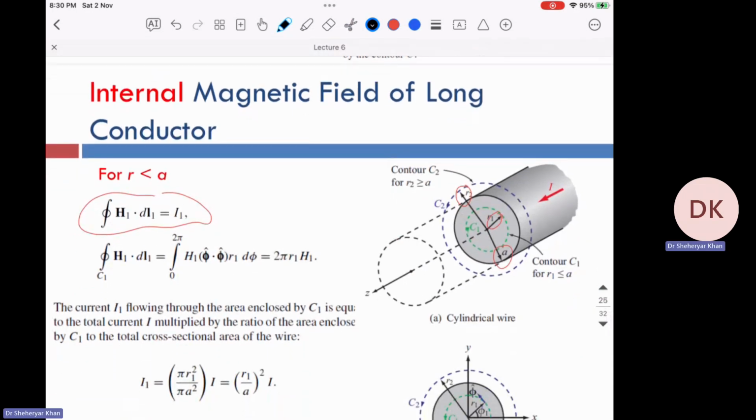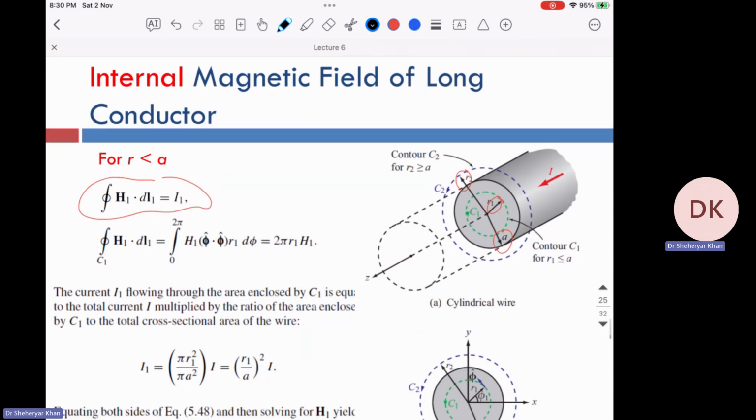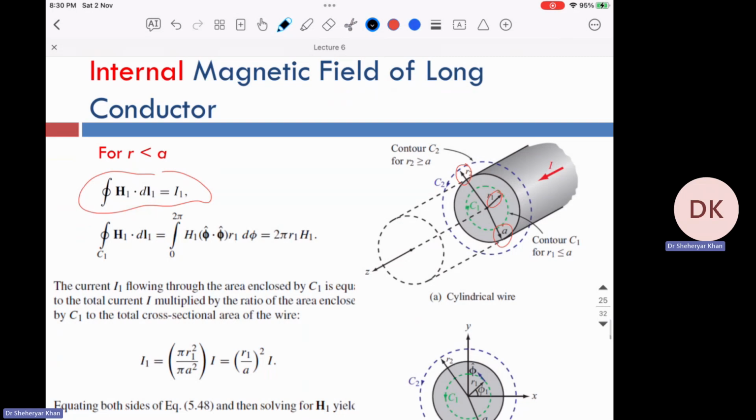Now, we use Biot-Savart's law as well as Ampere's law to solve different problems in different materials and different applications for finding the electric field, current, and the magnetic field. We can apply the same concept to the magnetic field along a straight conductor, and we can find out the magnetic field inside the conductor and outside it.